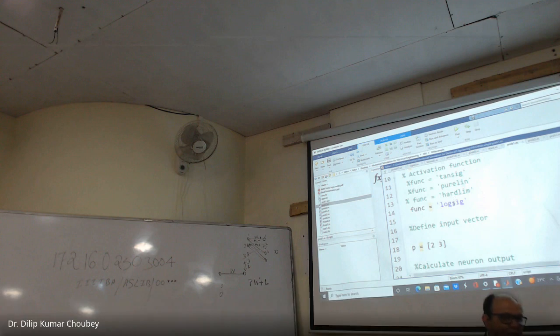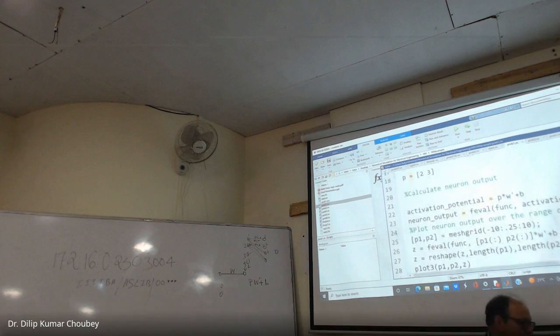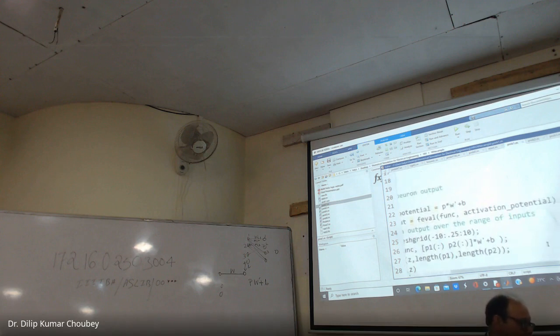Either this function is the logsig. So logsig activation potential means this function, the output in your system. Then you can also decide how many data points you want to get.